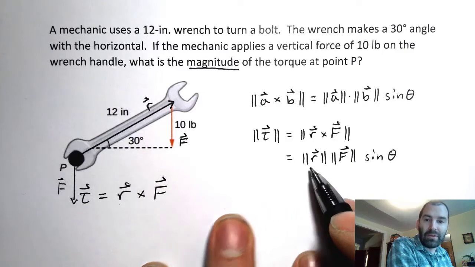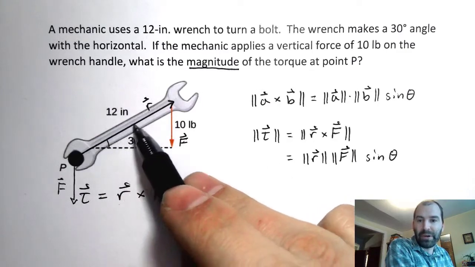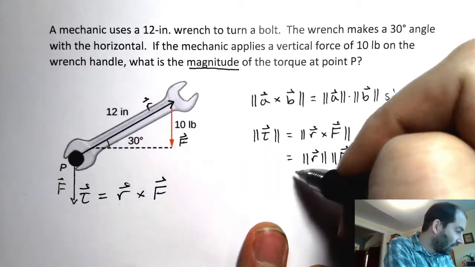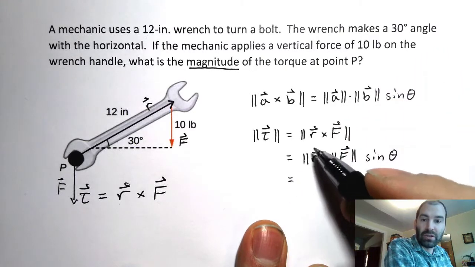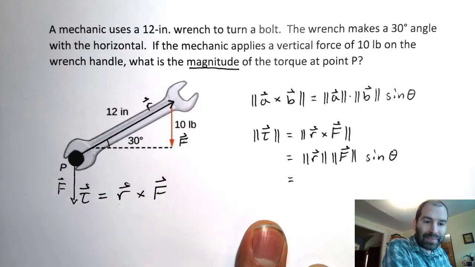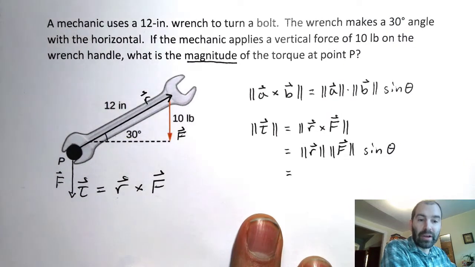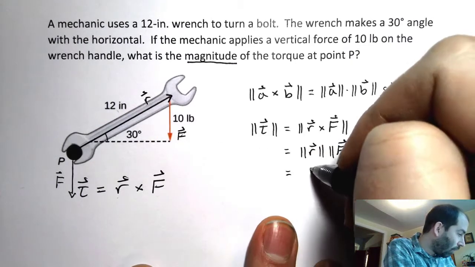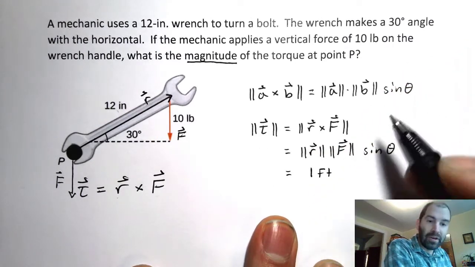Now, what's the magnitude of R? Well, that's the length from here to here. It's a 12-inch wrench. So that is 12. However, remember that in English units, we usually measure work in foot-pounds. So let's convert this to feet. So that's actually 1 foot.